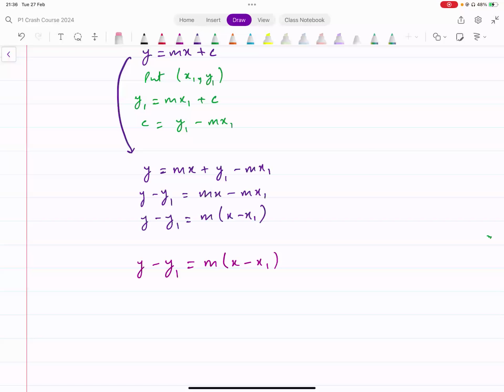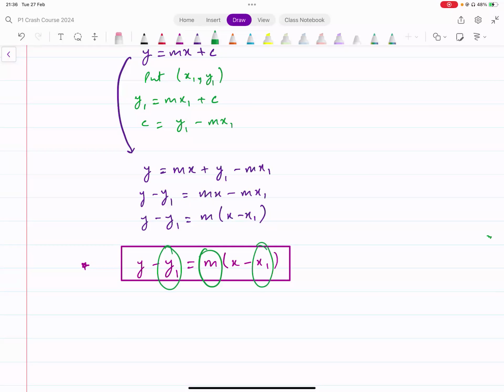This is another form for the equation of a straight line: if we have the gradient known and a point given x1, y1, we can just input those values in this equation directly, and we would get the equation of the line that we were looking for.